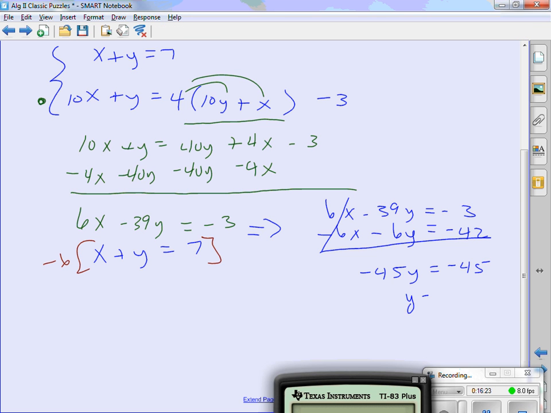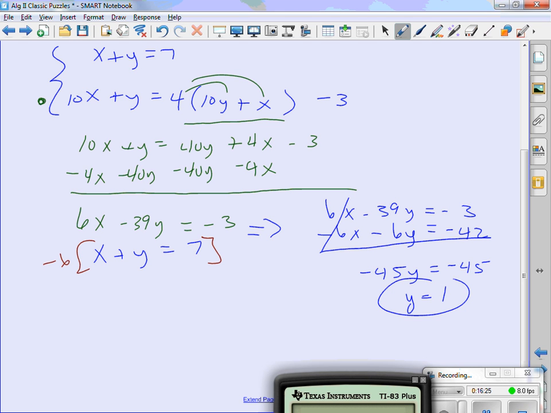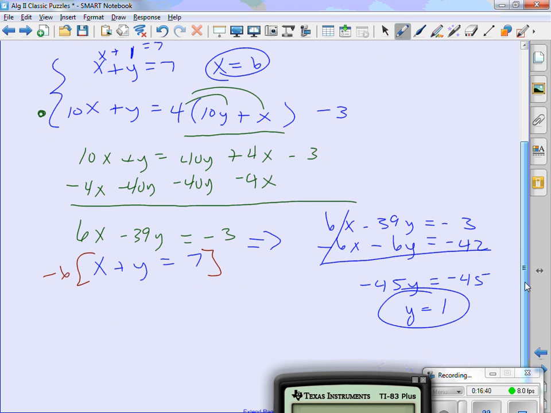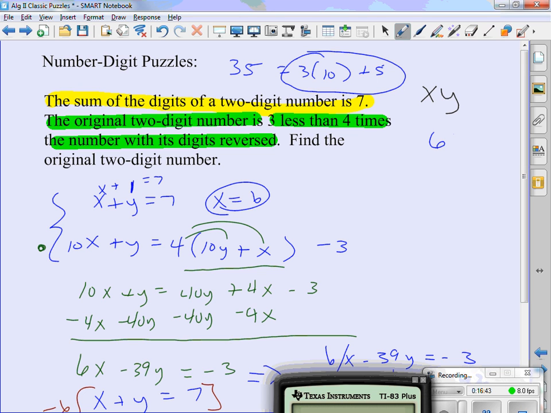Y is going to be 1. Since y is 1, what does x have to be? If y is 1, x plus 1 is 7, so x has to be 6. So y is 1, x is 6, my number was 61.